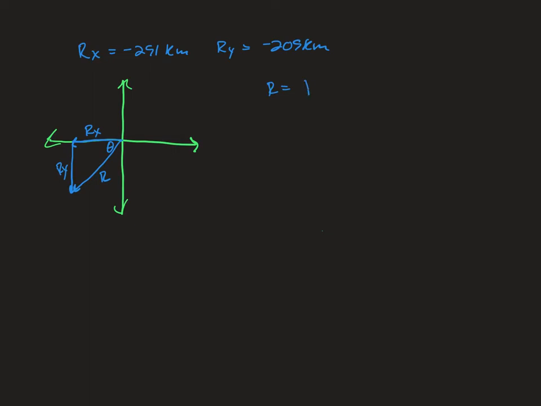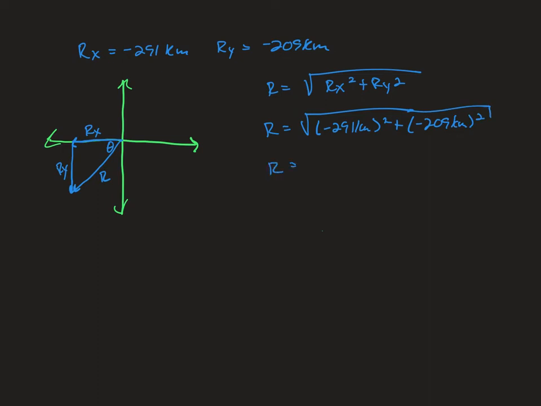So r is going to equal the square root of r of x squared plus r of y squared. And so we get a result of 358 kilometers.